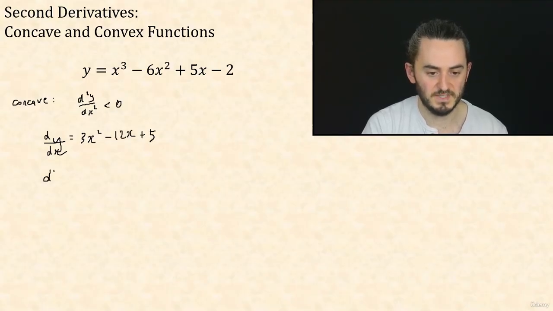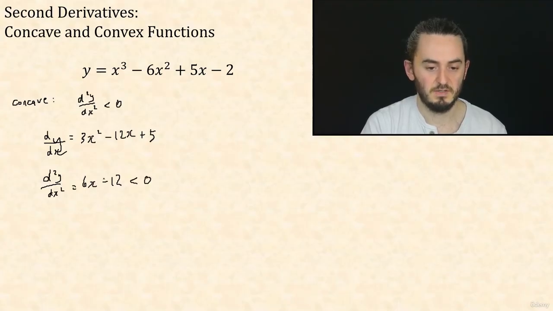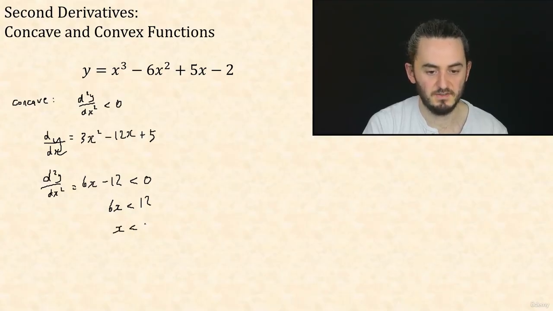And the second derivative is 6x minus 12. And it's concave when this is negative. So that means 6x is less than 12 and x is less than 2. So when x is less than 2, the graph is concave.